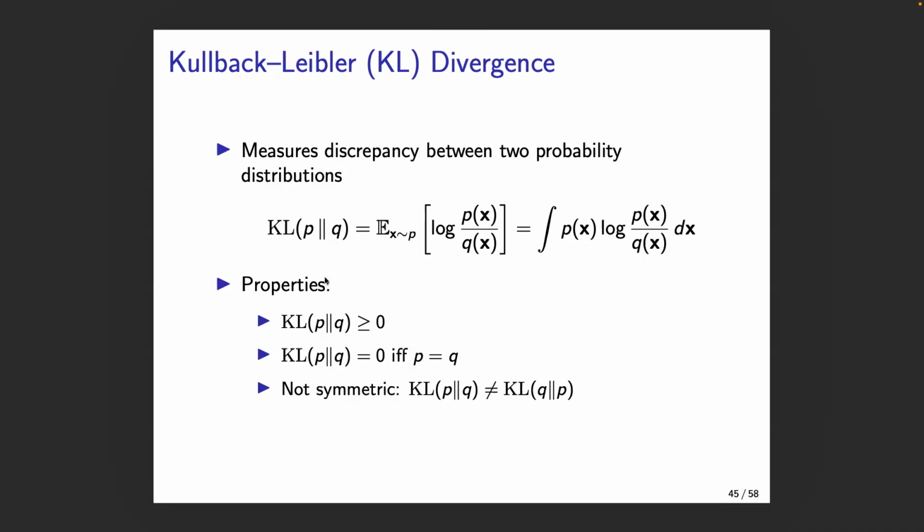A couple of properties of this metric. It is positive, and it equals 0 only if the distributions are the same, if distribution P equals distribution Q. And it's not symmetric: if you change the order of the probabilities, the result is not the same.